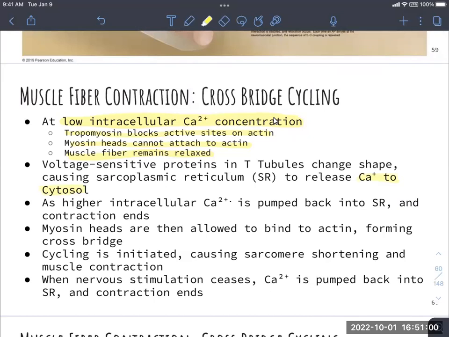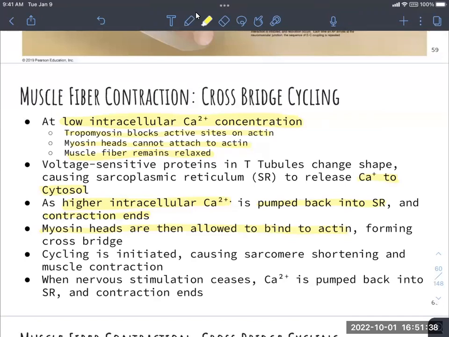And when the calcium is high in that intracellular space, the myosin heads can attach to the actin once that calcium attaches and moves the tropomyosin out of the way.